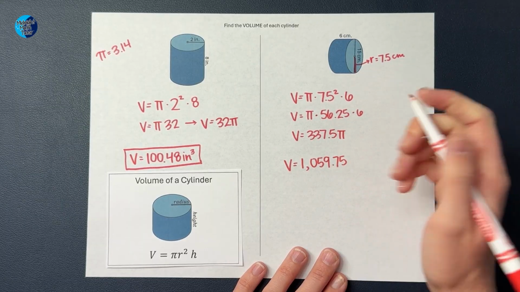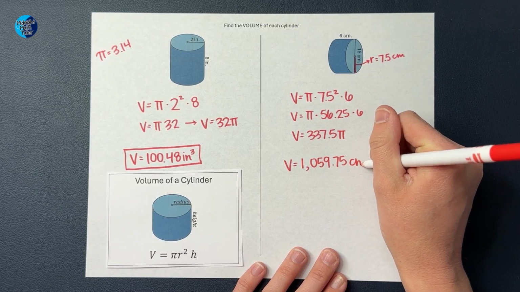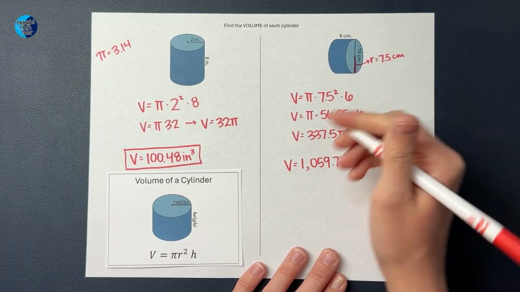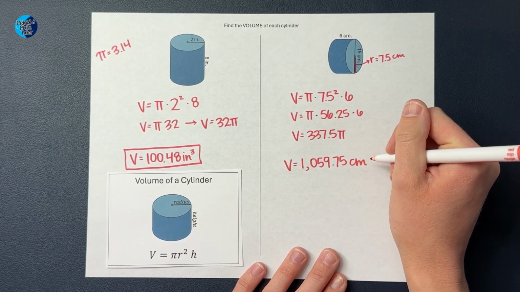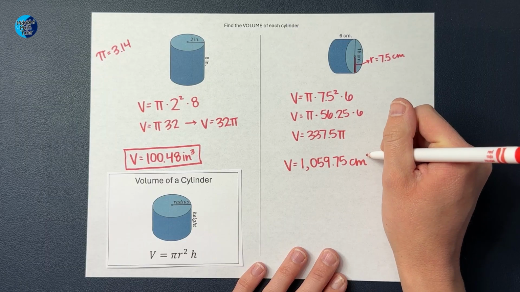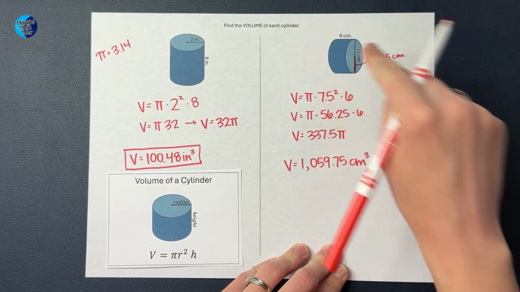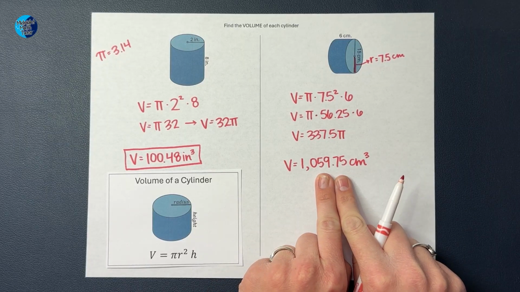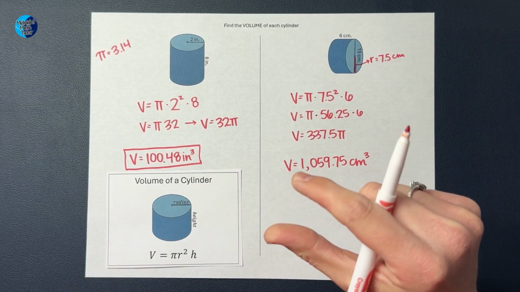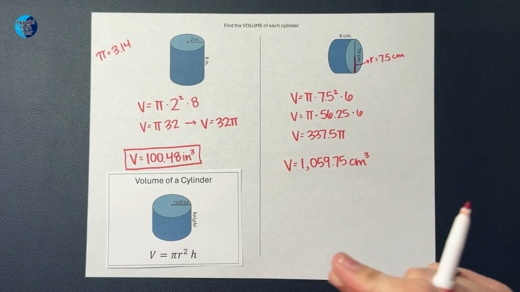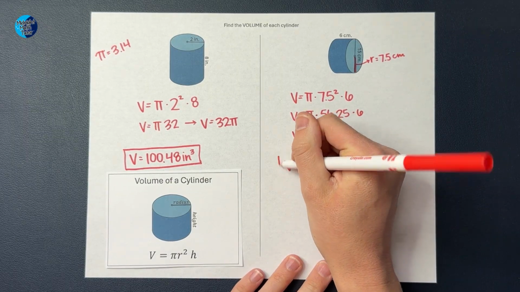The units we are in is centimeters, but it's not just centimeters. It is centimeters cubed. So if I had this cylinder here, a little over 1,000 of those 1 centimeter by 1 centimeter by 1 centimeter cubes would fit inside.